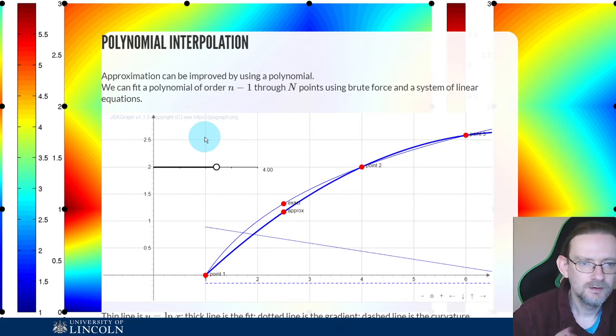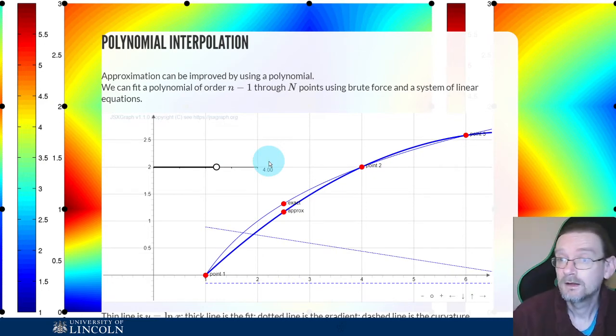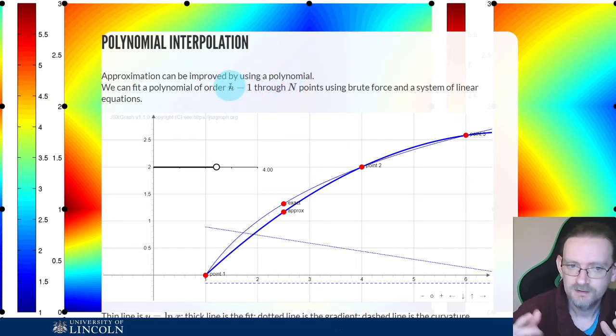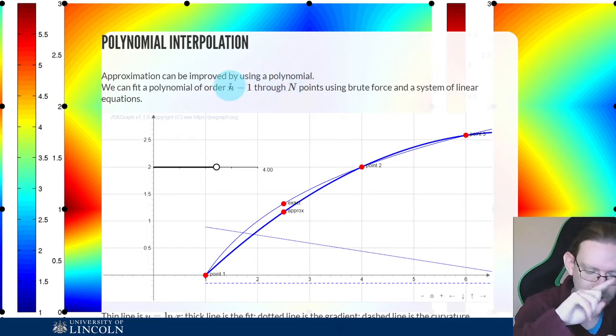If instead of using a straight line, thinking back to the least squares as well, you can go on and have a more complicated polynomial. We can fit n minus 1 parameters, including the offset, the intercept, the linear term, quadratic, cubic.